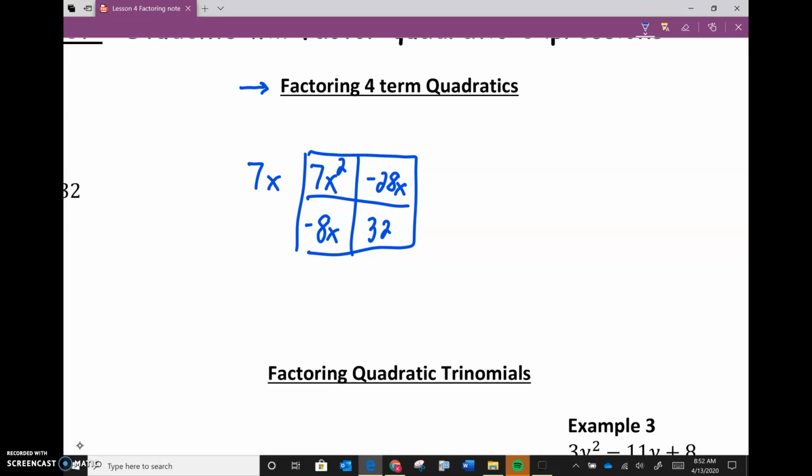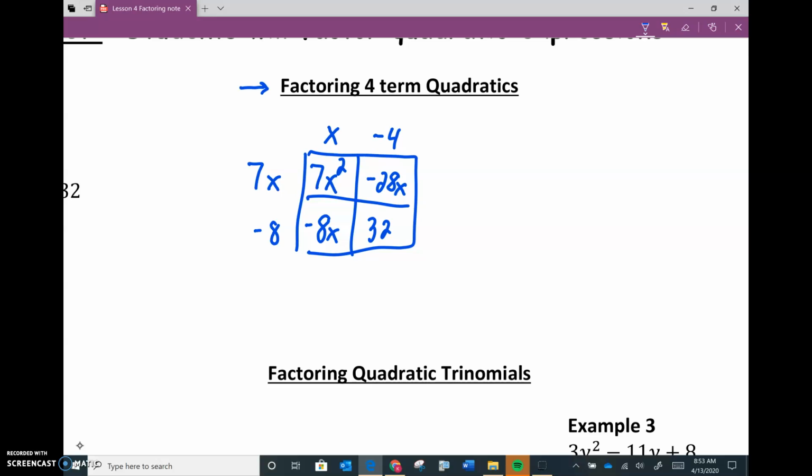So once you know this one, okay, you can figure out the rest of these just by using multiplication. So if I took 7x times x, that gives me my 7x squared. And then 7x times negative 4 would give me my negative 28x. And then lastly, x times negative 8 would give me my negative 8x right here.